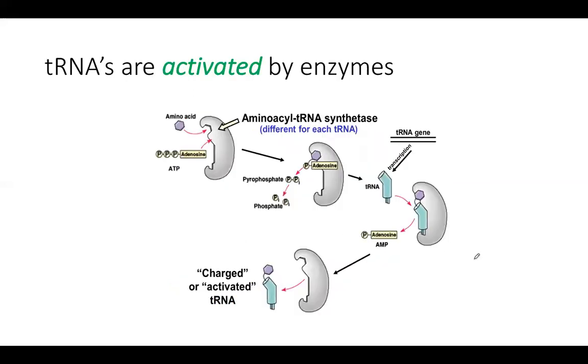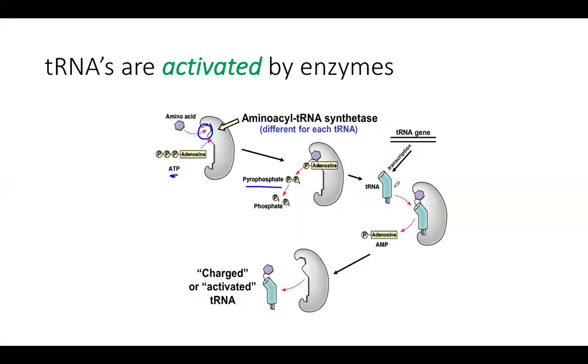Okay, so tRNAs are activated by enzymes. And so the enzyme we're using is aminoacyl tRNA synthetase. There are 20 different amino acids, right? So there's 20 different enzymes, so they are each specific. And so that specific amino acid hops into this area, as well as ATP, right? So once that happens, a pyrophosphate leaves, and there's a phosphate group attached to this amino acid.